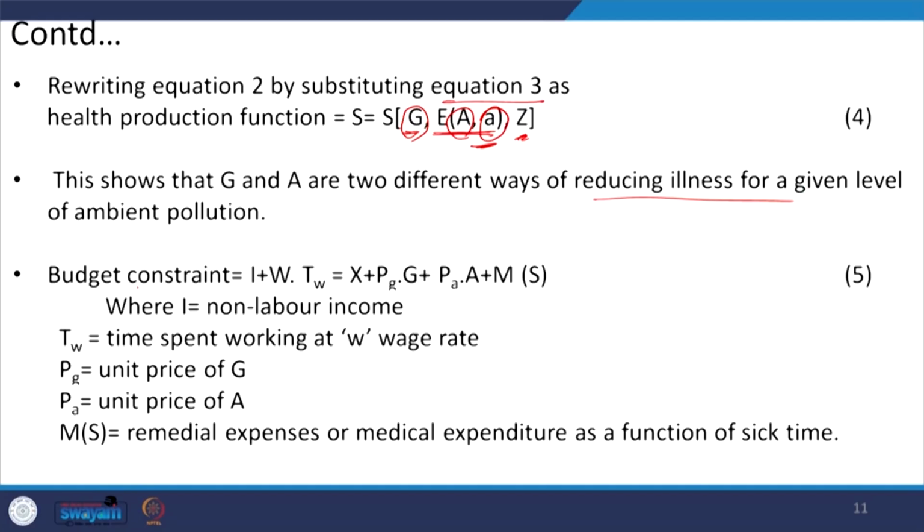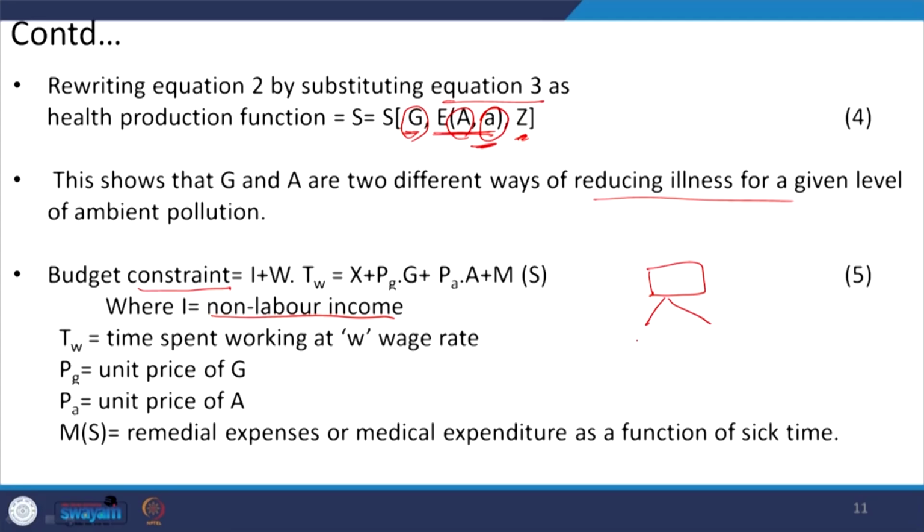So, now the budget constraint would be, we need to take into account his non-labor income. Let us suppose the particular person in discussion has two sources of income. By utilizing his time and doing some work he gets wages.